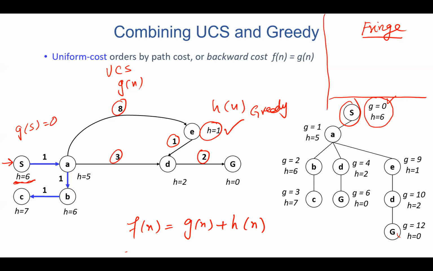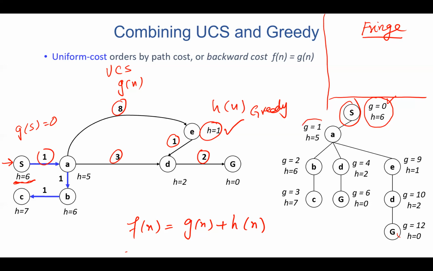So we apply G of n, applying UCS first, basically looking at the G of n only, and then we apply greedy, and then we see what issues are associated with each of the techniques. If you look at just G of n, from S to A, the G of A is only 1.